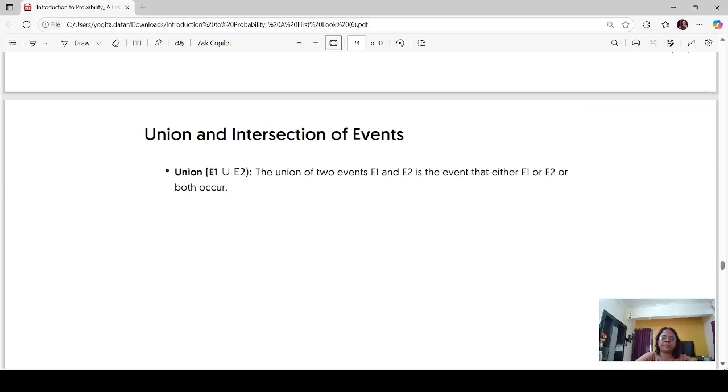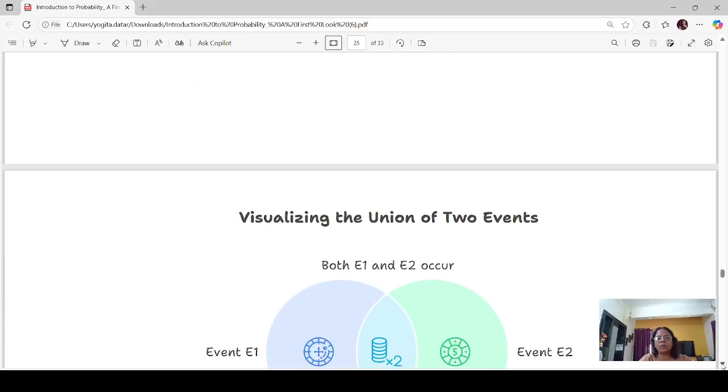Now same as sets, we can perform union and intersection of events also. So union of two events E1 and E2 is nothing but the occurrence of either E1 or E2 or both the events. So this is called union of events.